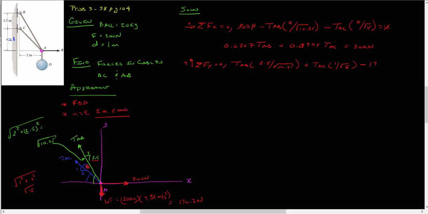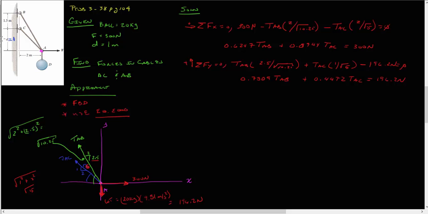So I'm going to subtract that there. And if I put my values in here, I get 0.7809 TAB plus 0.4472 TAC. Now I'm taking this to the other side, equals, and that would be positive.